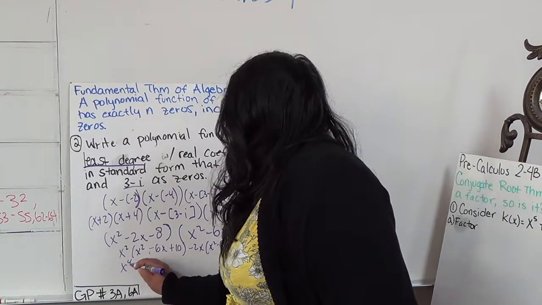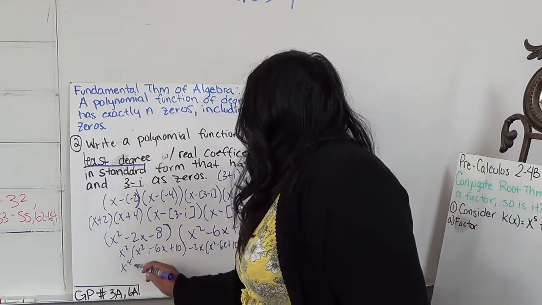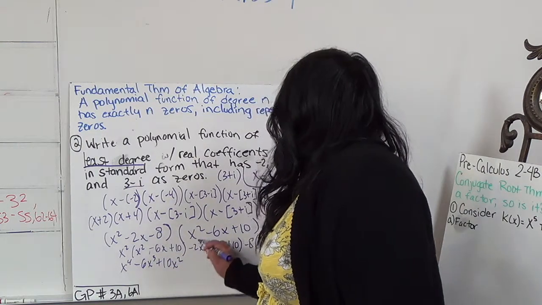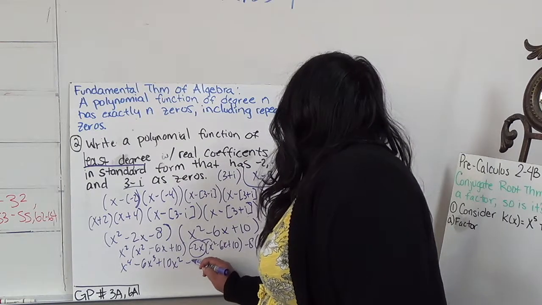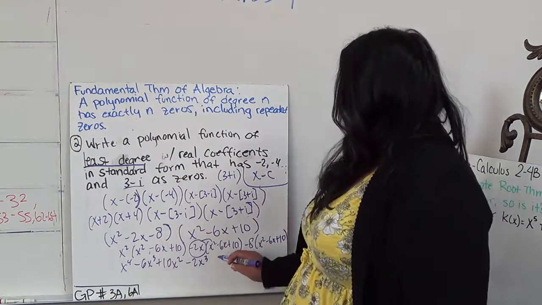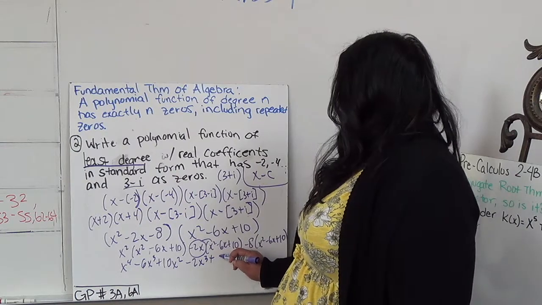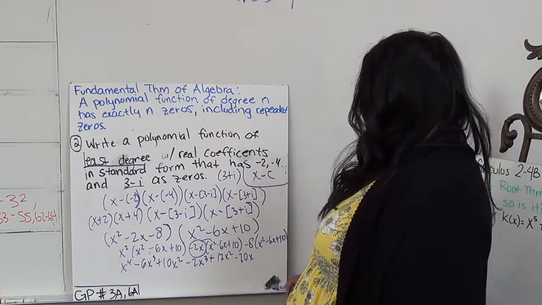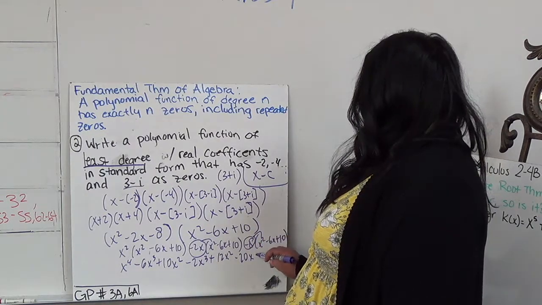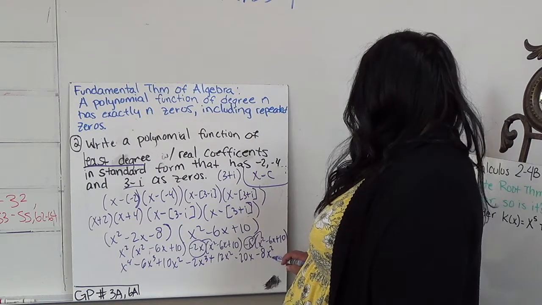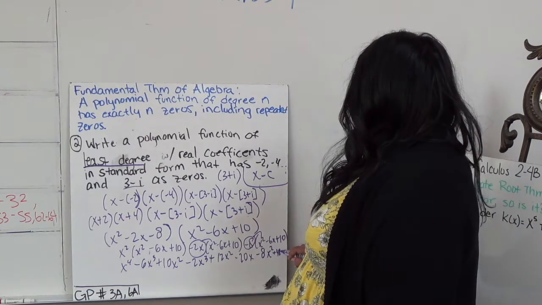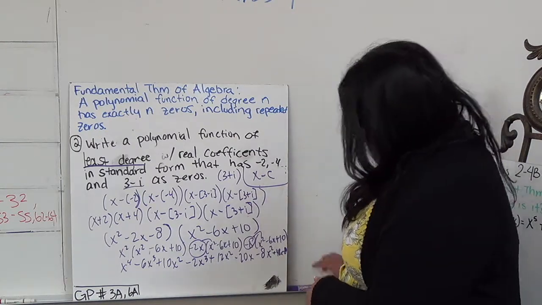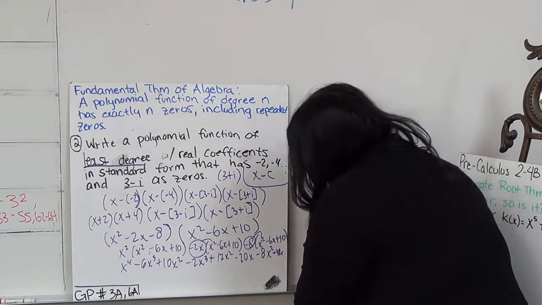We have x to the 4th minus 6x cubed plus 10x squared, then minus 2x cubed plus 12x squared minus 20x, and then -8x squared plus 48x minus 80. This is supposed to be 80. Sorry. Let's put it here.